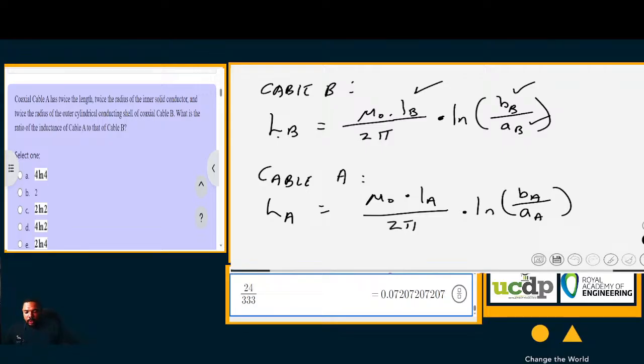So we've already established the following. Let me just check. Where did I write it down now? Where in my notes? Okay. BA is equal to 2B.